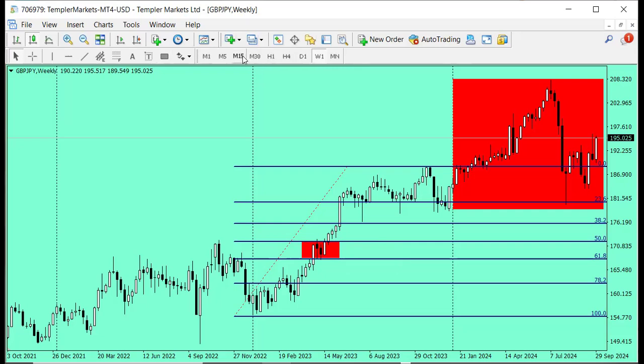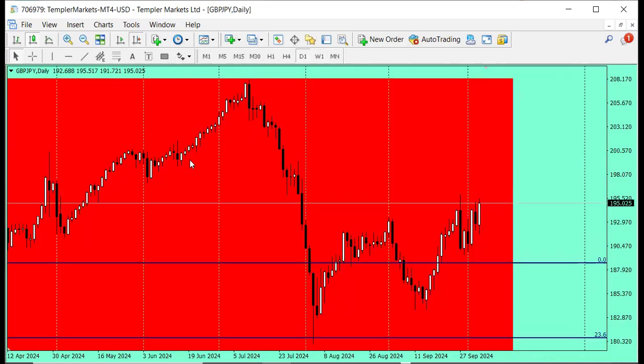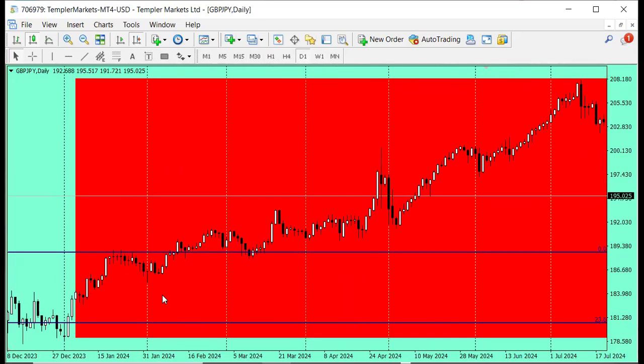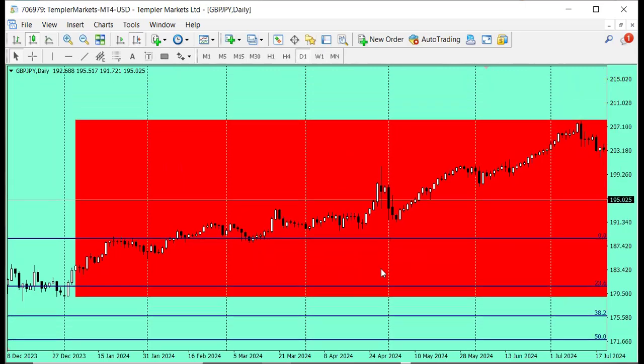On a 1 hour chart or 15-minute chart, these are really big moves. But overall, on a big time frame, you are just in a range. Now, we closed somewhere around there, right? And you can see we are just getting into the range of 23.6 and the 0 level.